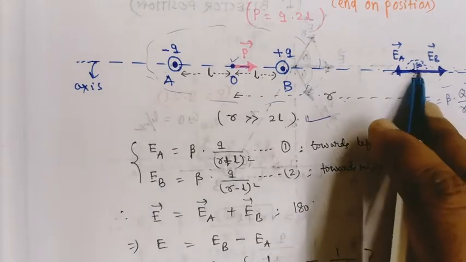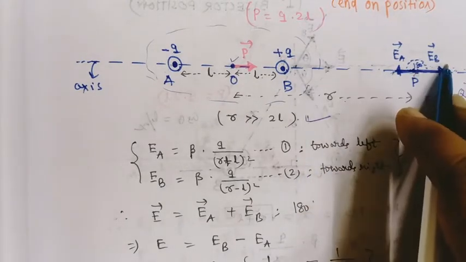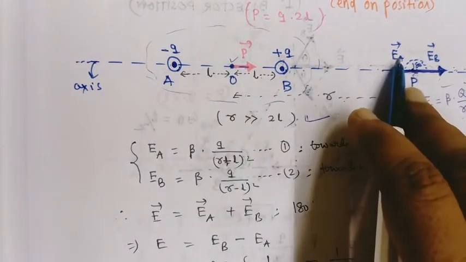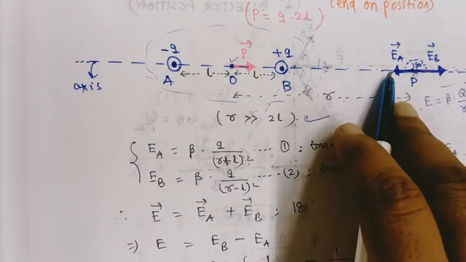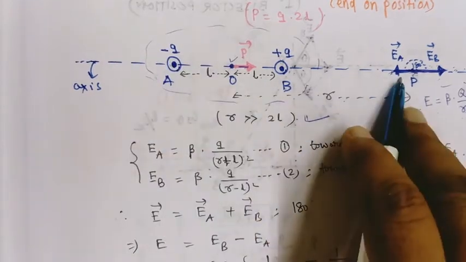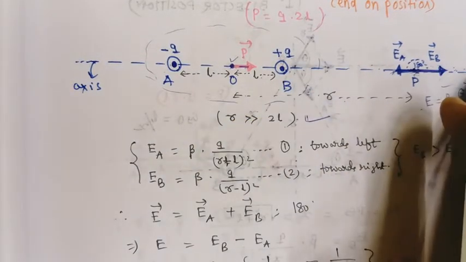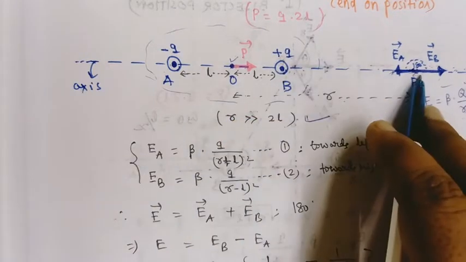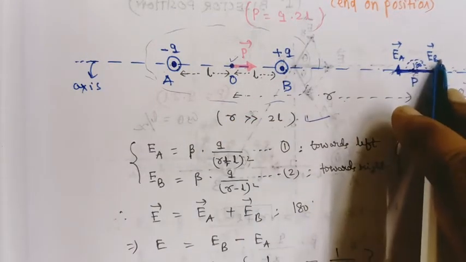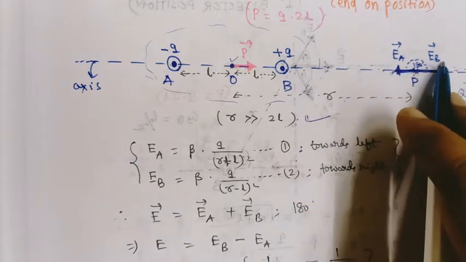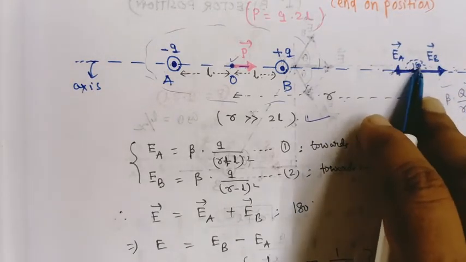At the point P, there are two intensity vectors due to the different source charges. Minus q gives EA, directed towards minus q as it is converging. Plus q is diverging, so the EB vector is outwards. As plus q is very close to point P, the intensity EB vector is larger than the intensity EA vector. And the angle between the EB vector and the EA vector is 180 degrees.